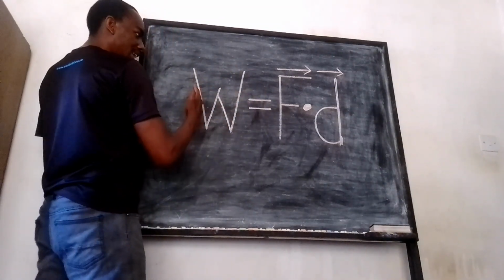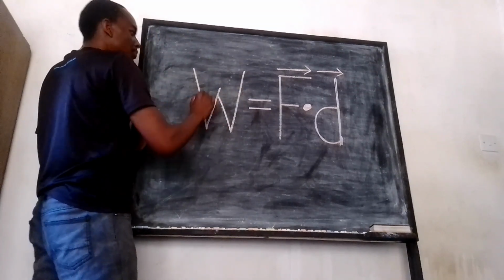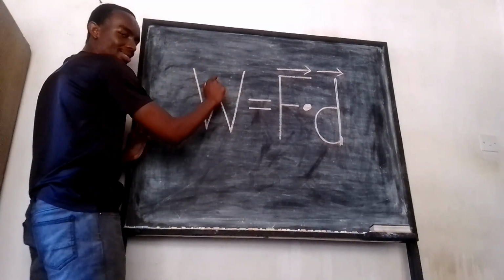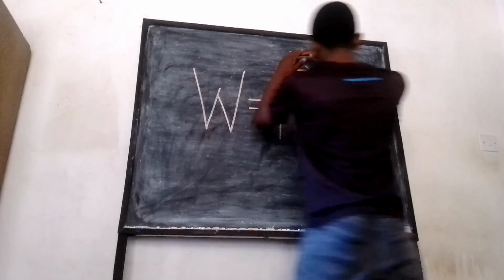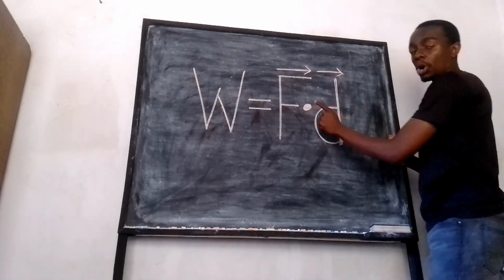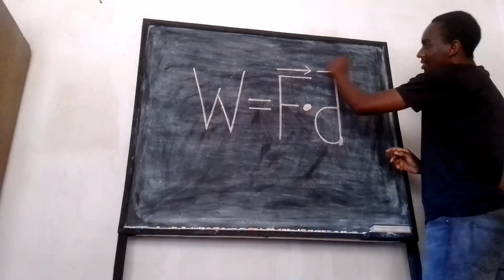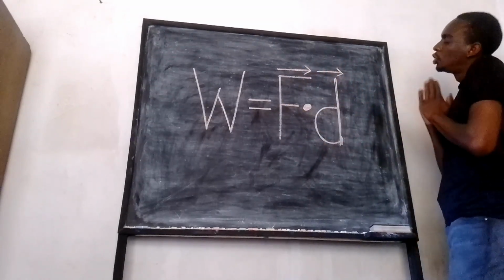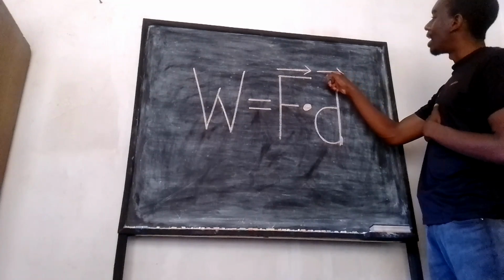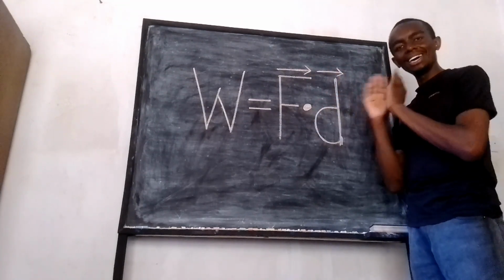W on the left side of the equation, what we're calling the source or the cause, is a measure of strength. On the other hand, F times D, this as a whole, not D individually, not F individually, this as a whole. Now, do not be intimidated by the arrows and this fancy dot. For now, these do not mean a thing.